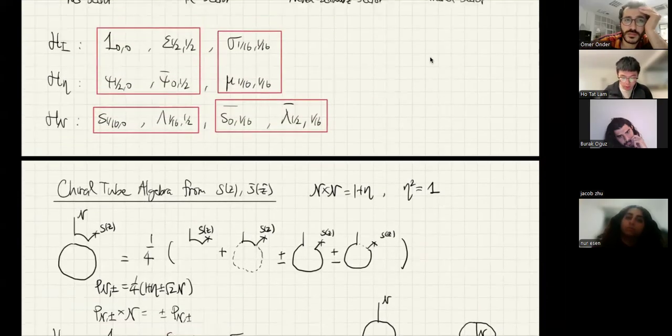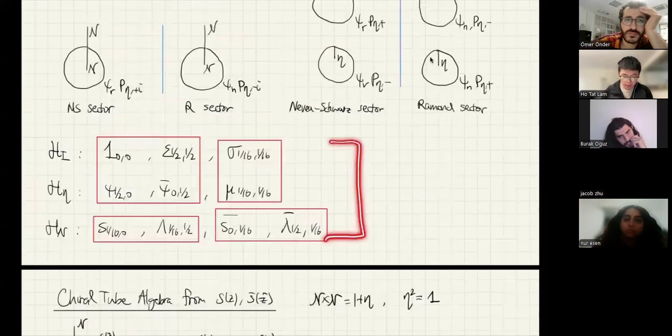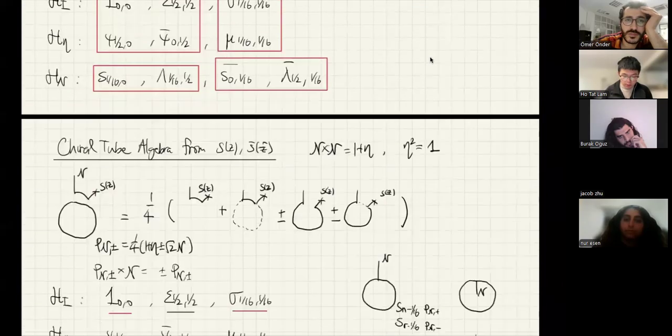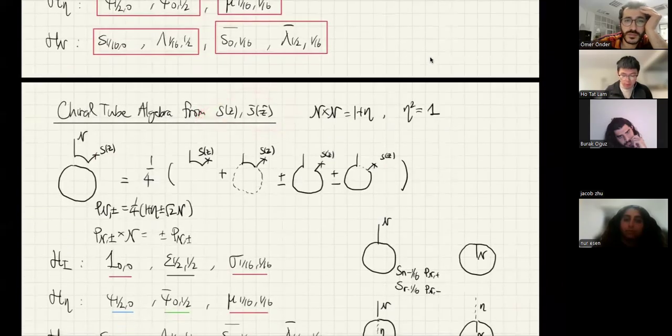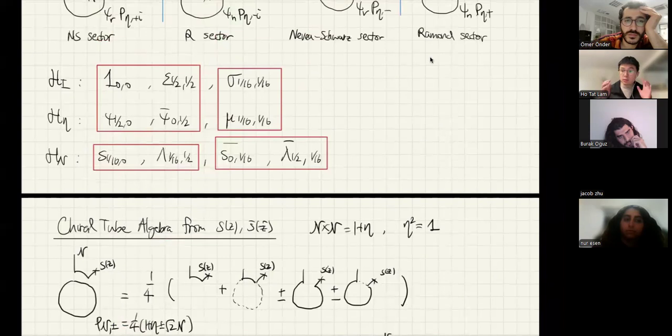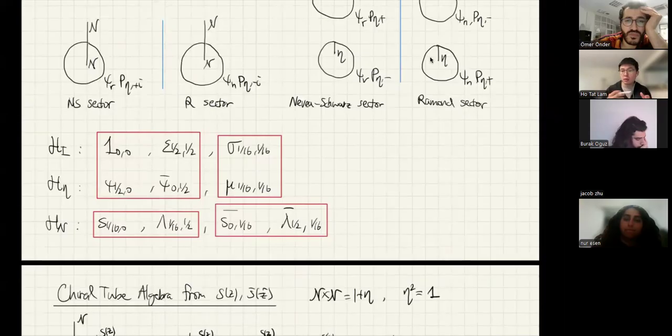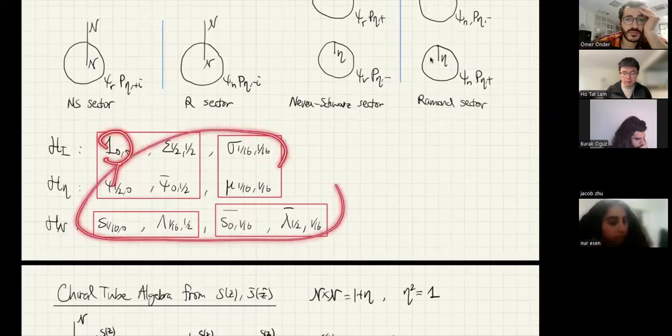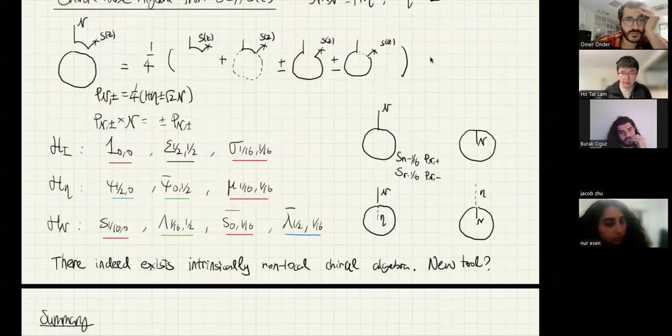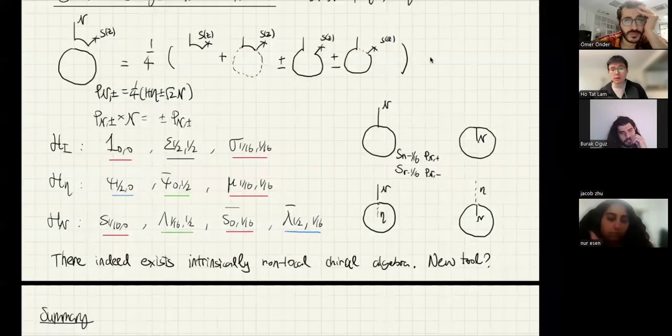One thing to notice is that if you combine the fermionic Chiral-2 algebra with this S Chiral-2 algebra, everything in the Ising CFT can be generated by just the identity operator. You start with the identity operator, you apply these Lasso operators one by one, and this allows you to obtain all the other states. This is actually a feature of minimal models.